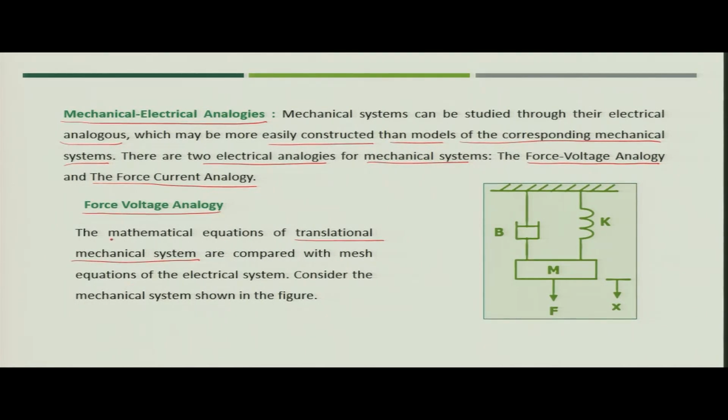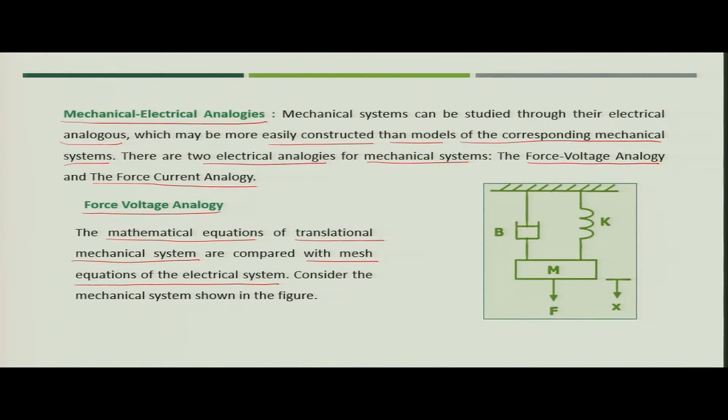So, we have to first write the mathematical equation. When you write the mathematical equation, you will compare it with the mesh equation of the electrical system, and then you can establish the analogous quantities of the mechanical and the electrical system.